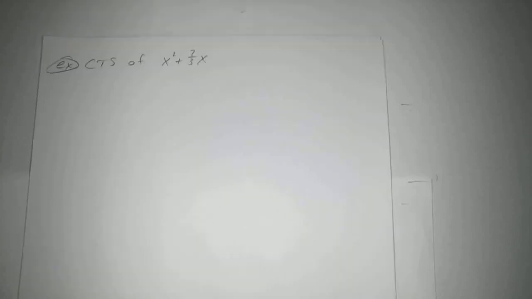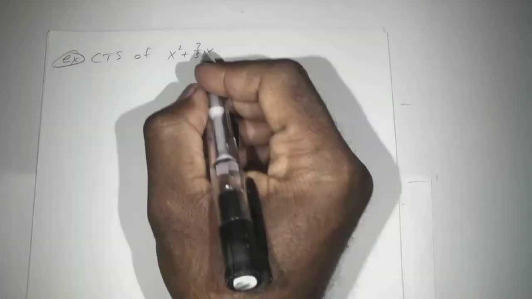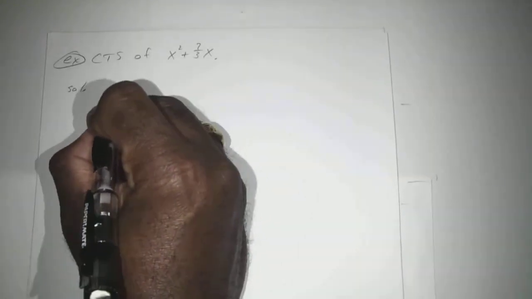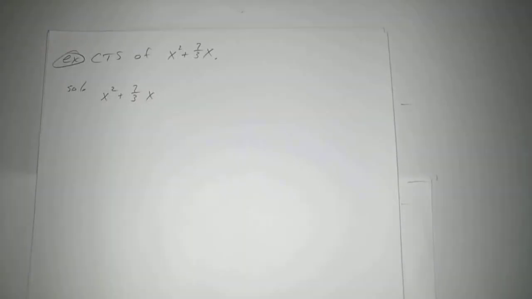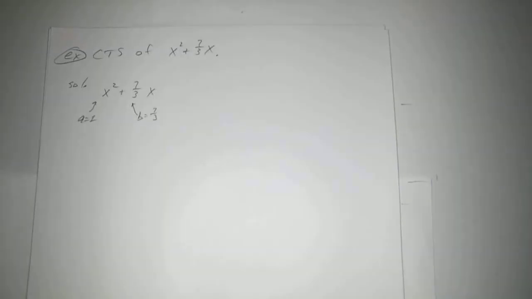All right, so for our next example, let's say we want to complete the square of x squared plus 7 over 3 times x. We know here that our a is equal to 1 and our b is 7 over 3.